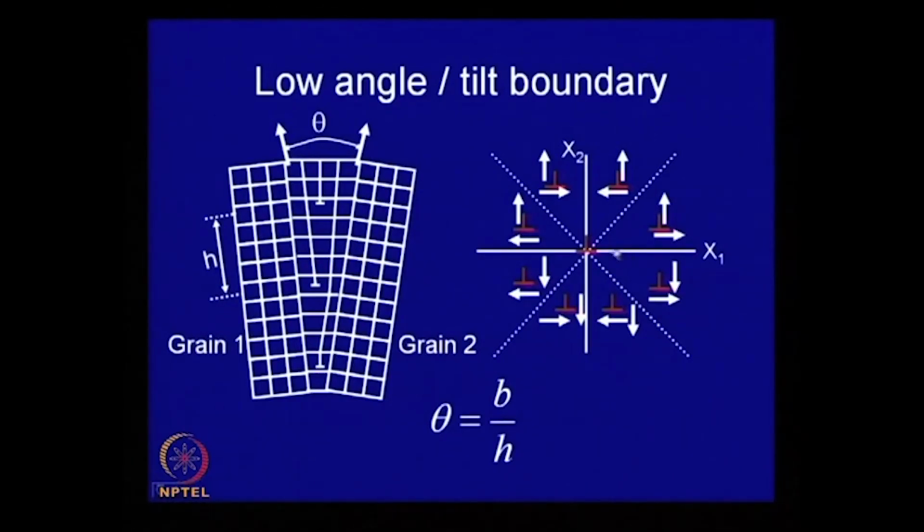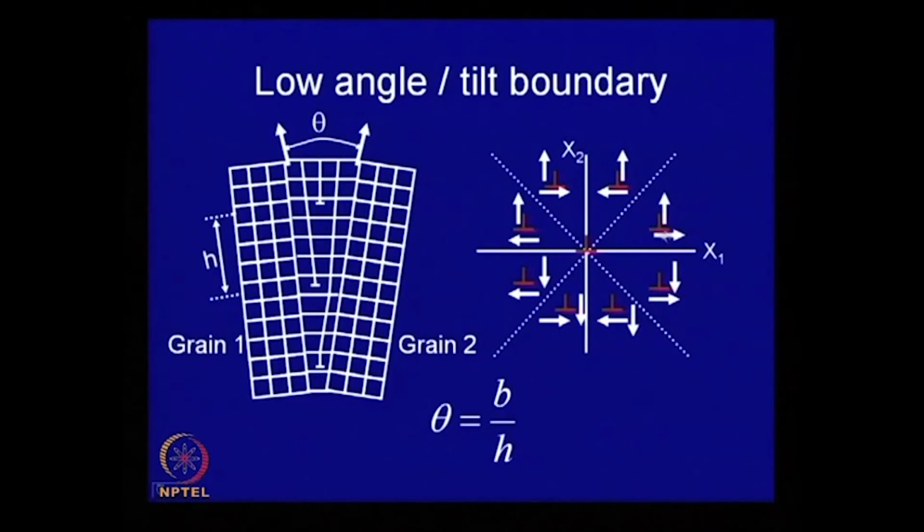We found that if you have a dislocation over here and another dislocation somewhere here, this dislocation will experience a force, and the direction and magnitude of the force will depend on the distance between the two and also their location.